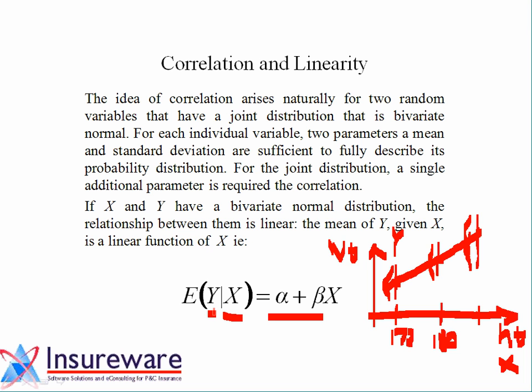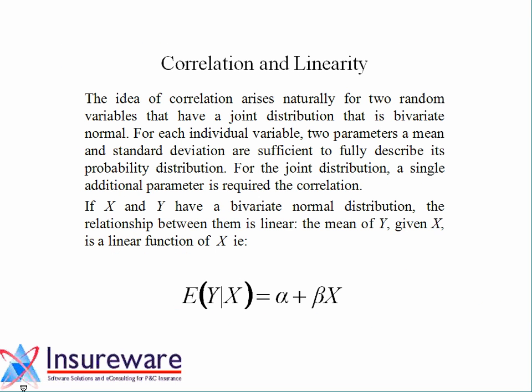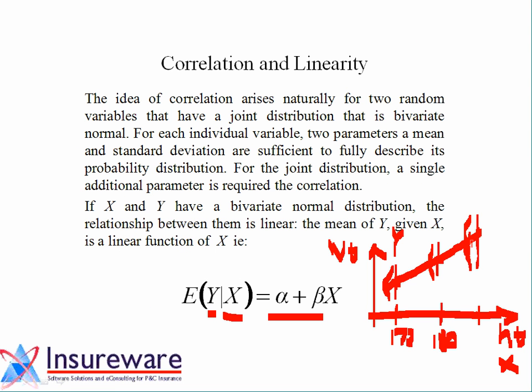So if a random variable y and x have a joint bivariate normal distribution, then the expectation of y given x is alpha plus beta x. The variance of y given x is a constant. It doesn't depend on x, as you can see in the phenomena that we might find in weights versus heights. And of course, y given x is a normal distribution, where the mean is linear in x.